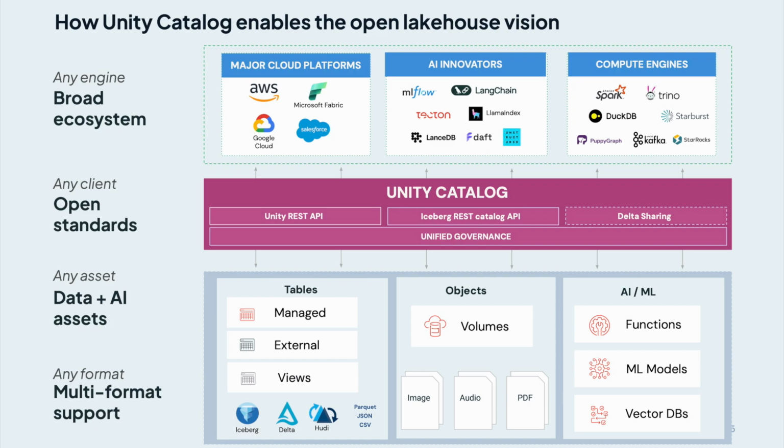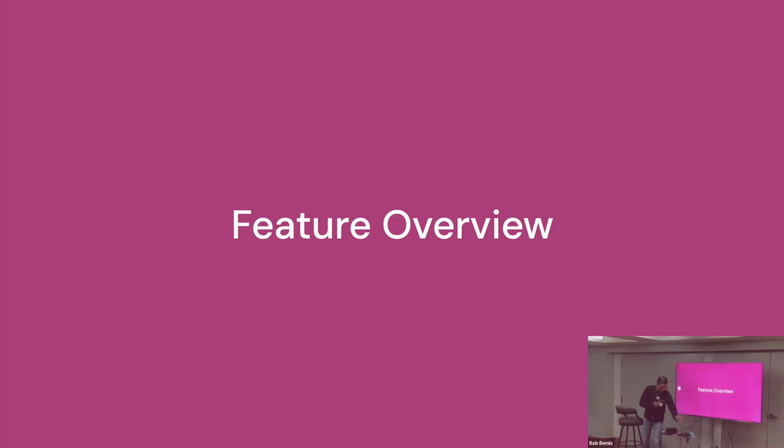We are working with a variety of partners to support a broad ecosystem. We're working with the cloud platforms, with Daft, Lance, and all the AI innovators out there. We're also working with the traditional compute engines like Trino and DuckDB to support this overall ecosystem and have this central catalog. So that's the overall vision.